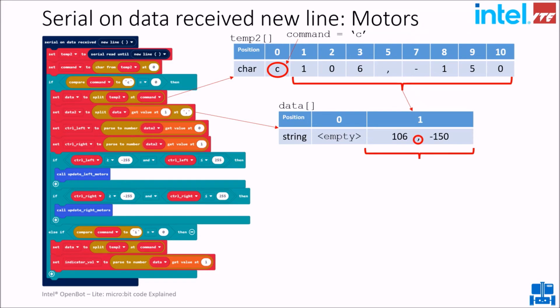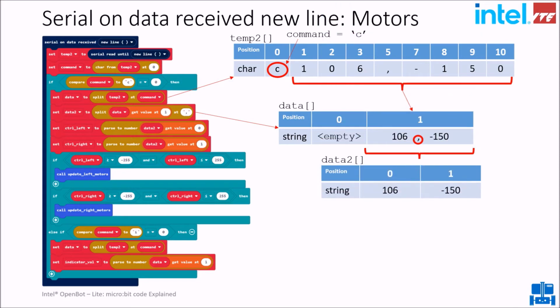The second data member is split at the comma and stored in the data2 array. The first member of data2 is the left motor numeric string, and the second member of data2 is the right motor numeric string. Next, we convert data2 members from string to integer and store them respectively in the control left and control right variables.